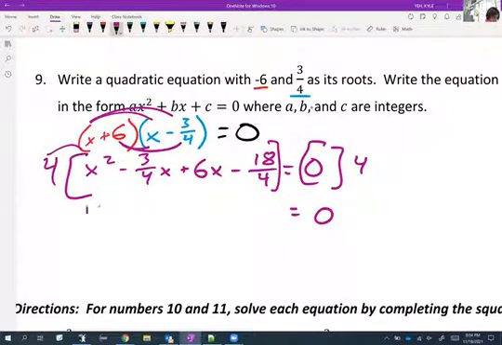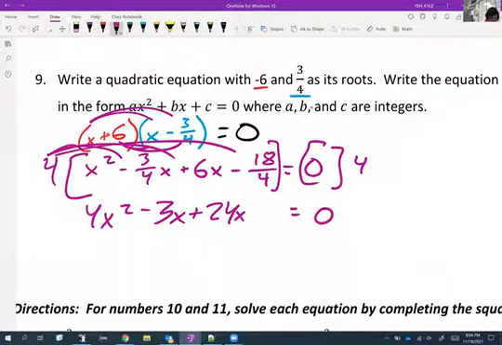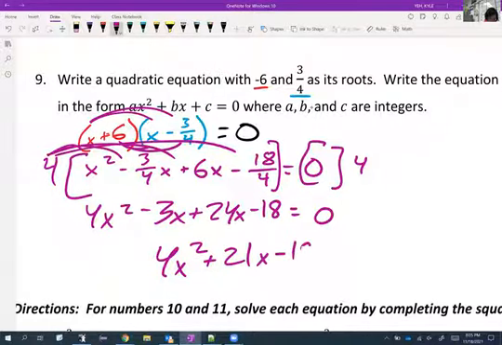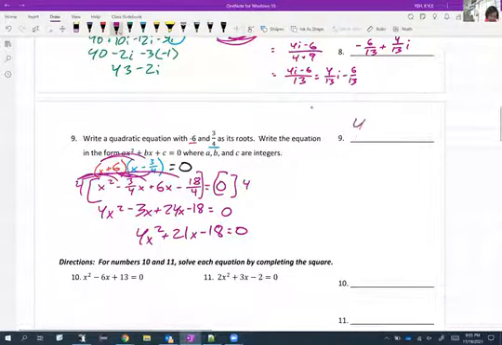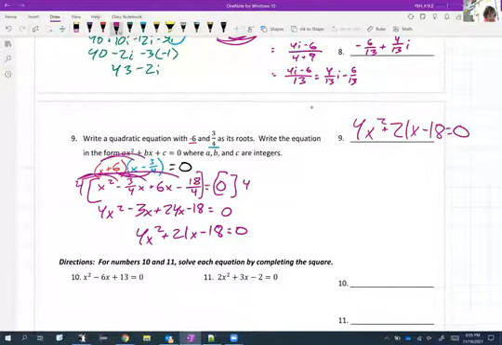Here I have 4x squared minus 3x, because that 4 we're multiplying by will cancel with the 4 on bottom, plus 24x's minus 18. So final answer, combine your like terms, 4x squared plus 21x minus 18 equals 0.